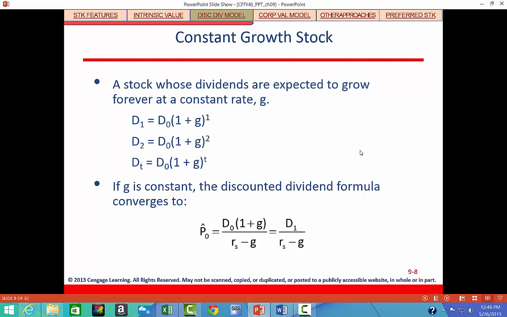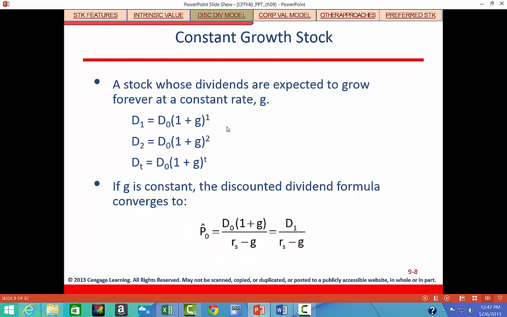Now, in many cases, you can't just have a different growth rate for every time period because companies are growing maybe at 20% one year, then 10% another year, then maybe 5% another year. So something that makes this process easier of finding the present value or the intrinsic value of a stock is just to use the constant growth model.